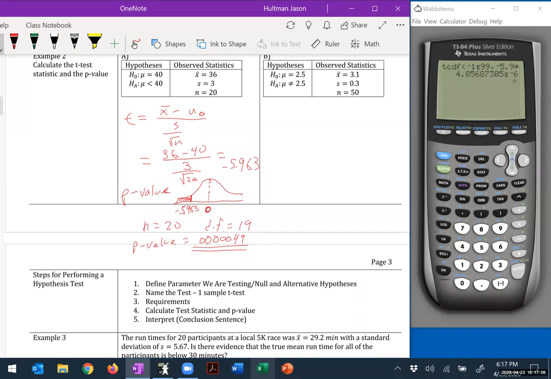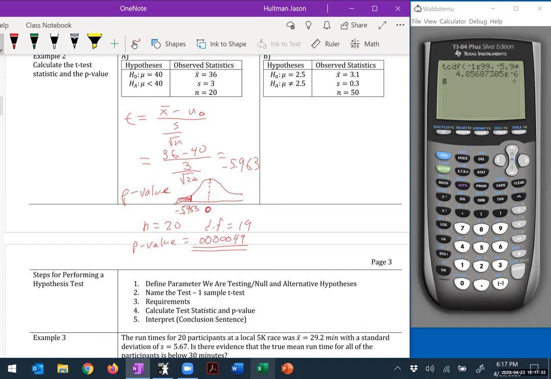Okay, so in this case, is mu 40 going to be my claim that I'm going to go with? Am I going to accept H0 or am I going to reject H0?